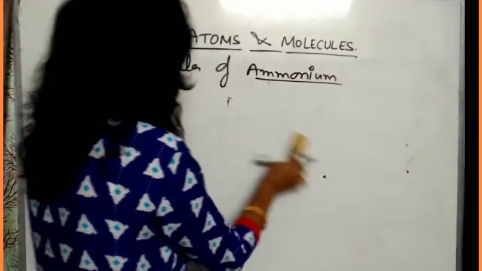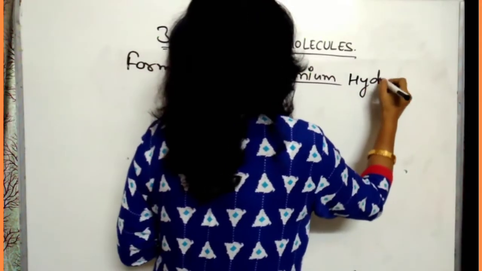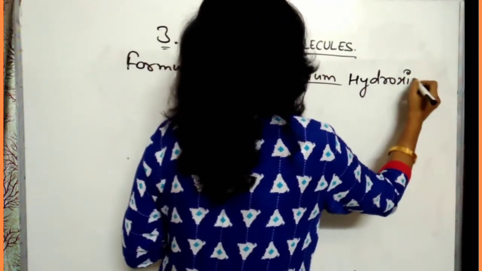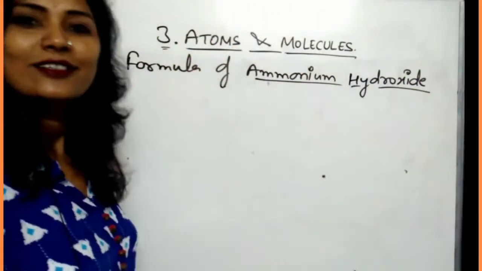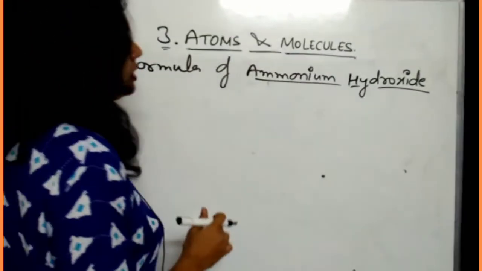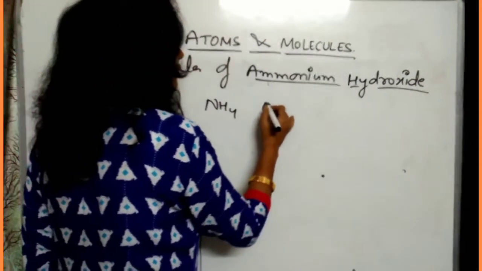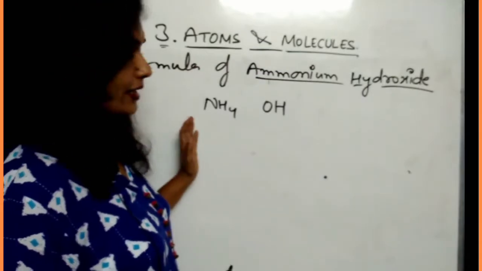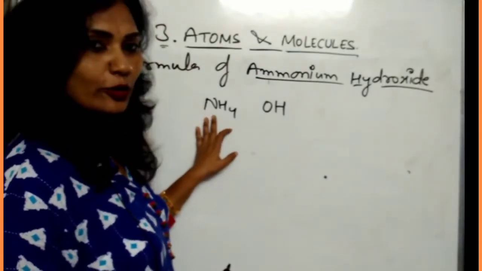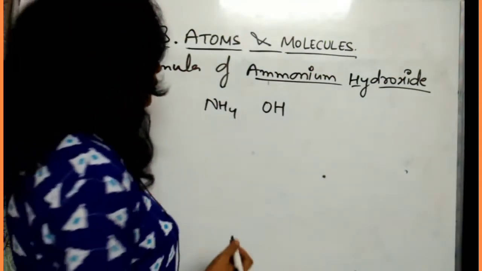Ammonium hydroxide. So hydroxide is OH, ammonium NH4, and OH is for the hydroxide. Both are the radicals. These both are polyatomic ions. NH4 is also a polyatomic ion and OH is also a polyatomic ion.